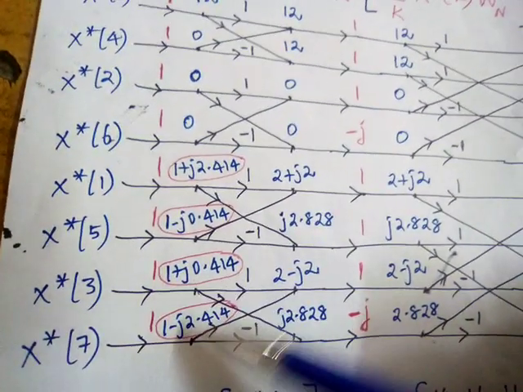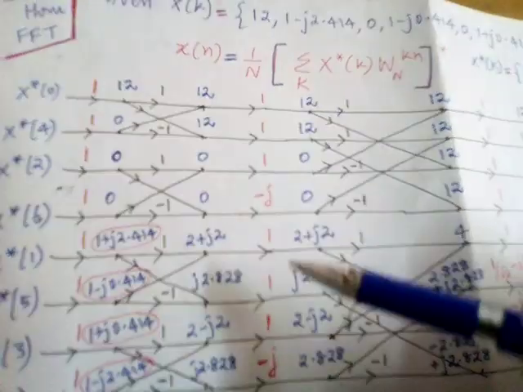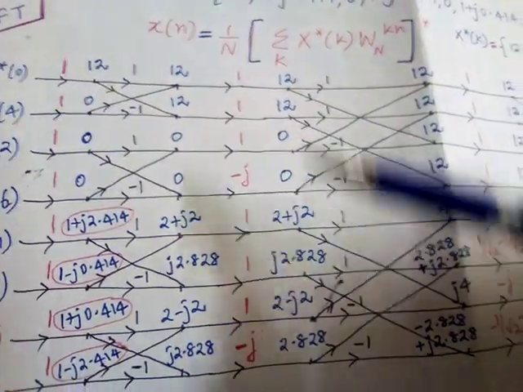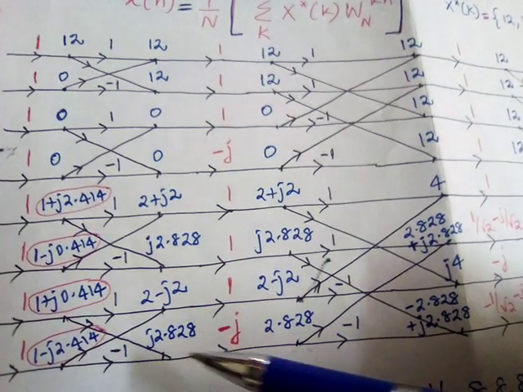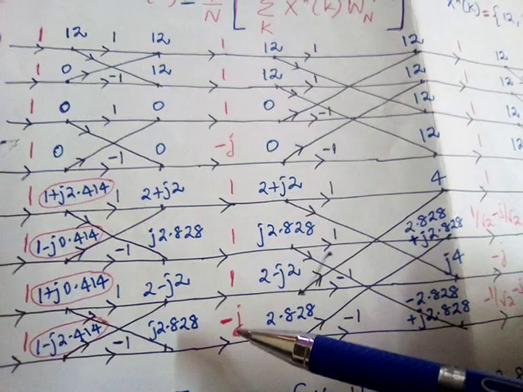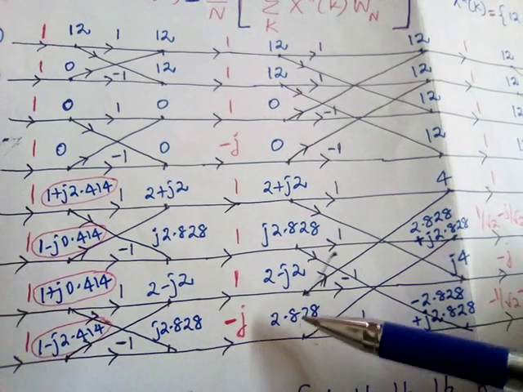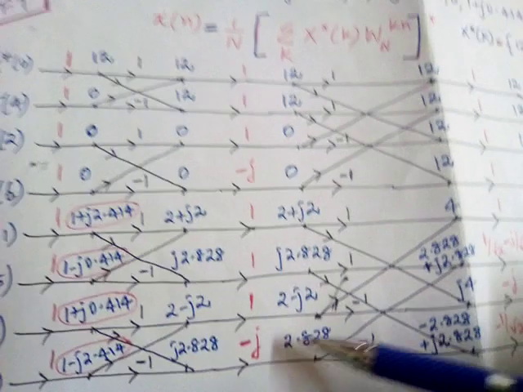Similarly do this, a plus b, and this point is a minus b. Then as usual multiply the output of the first stage with the phase factor, we get the input to the second stage. Here, j into minus j is minus j squared, which is plus 1. 1 into 2.828 is 2.828. Be careful with j when you multiply.